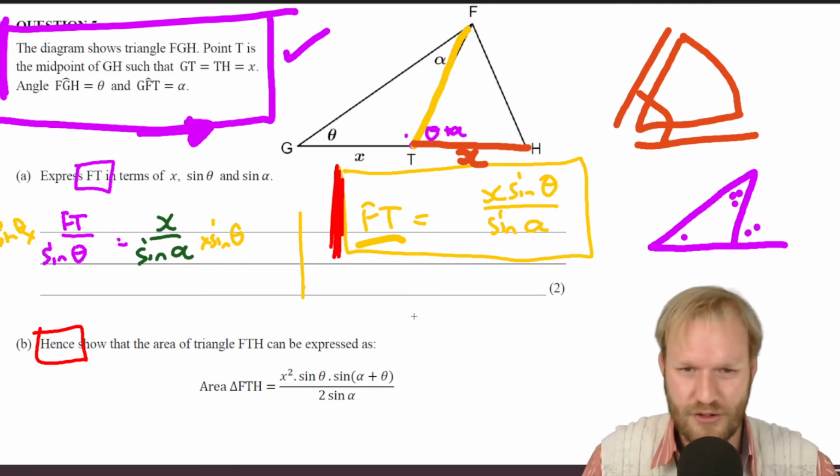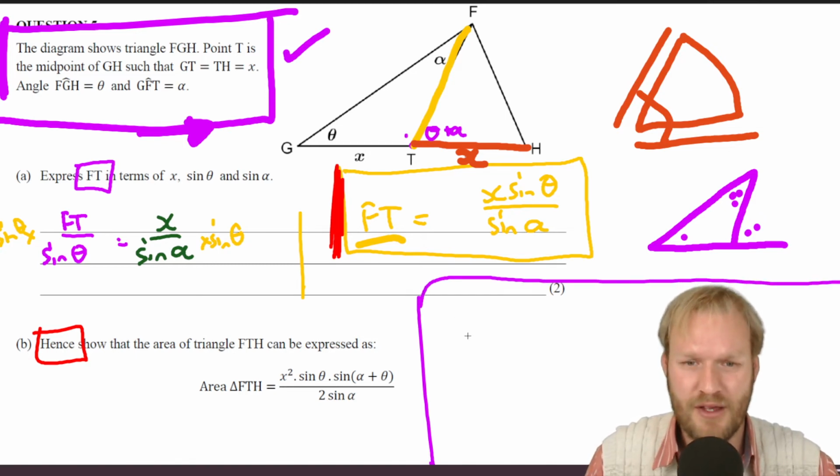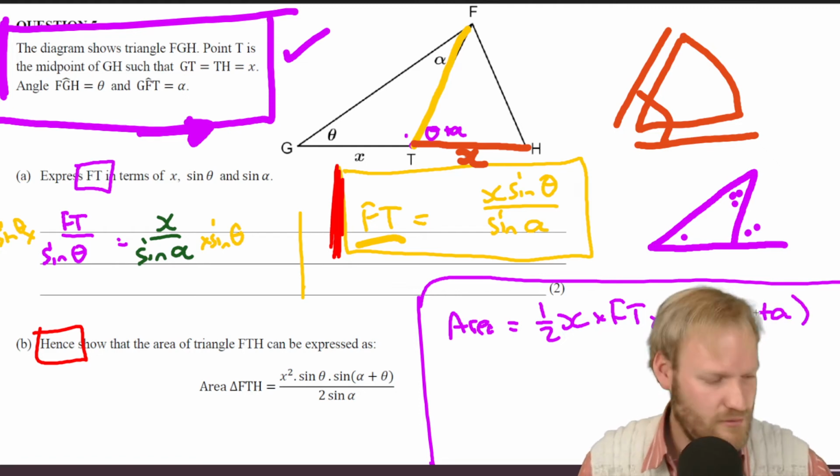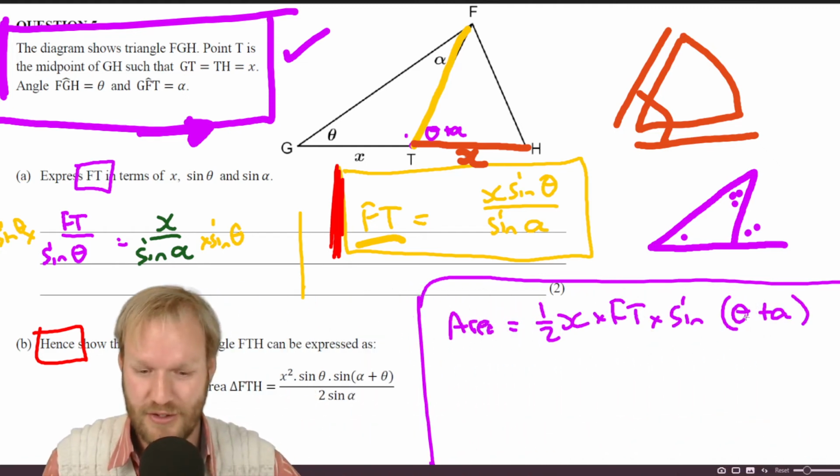So our area is a half times the two sides multiplied together: X times FT times sine of the angle in between, theta plus alpha.